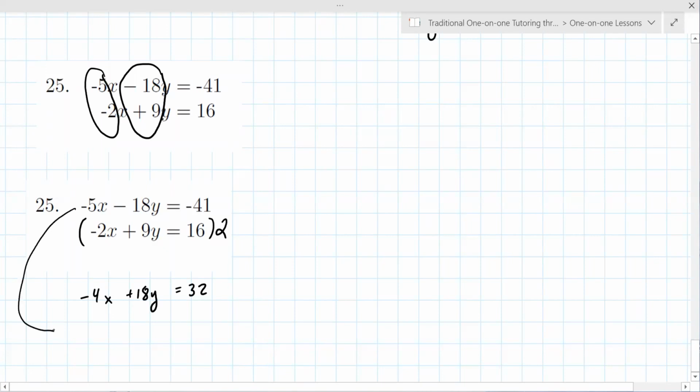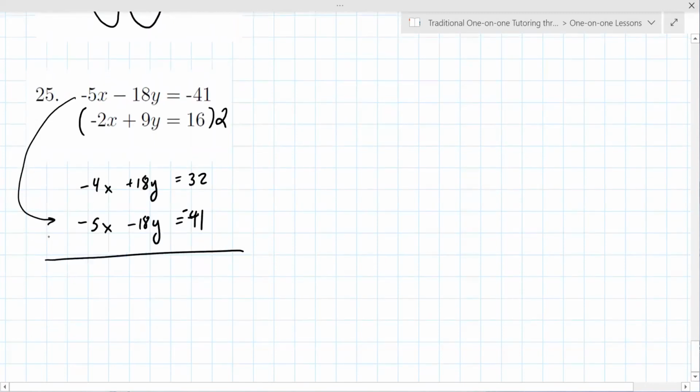And then bring this down here, minus 5x minus 18y equals minus 41. So now when you add them, you generally are always adding. The y's go away, and x equals 1.